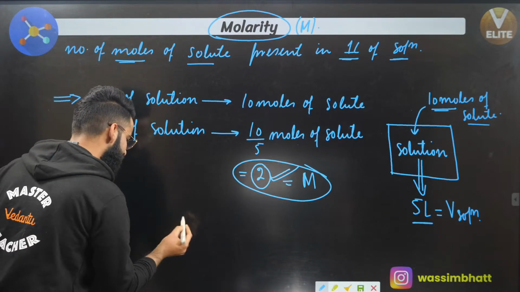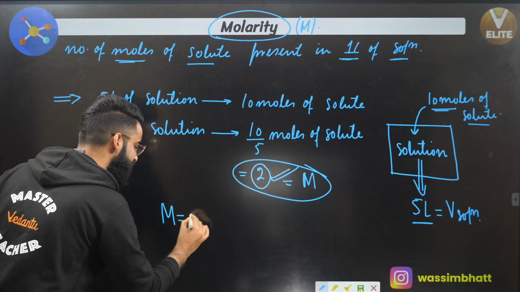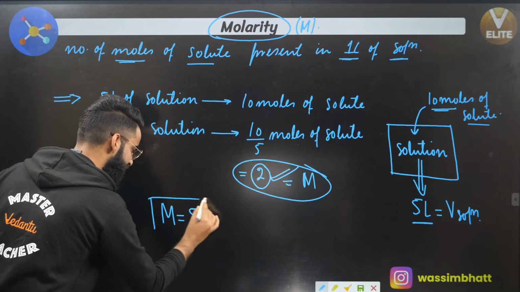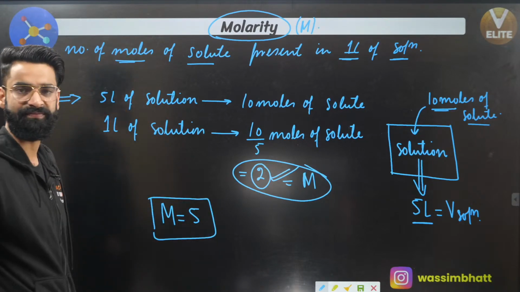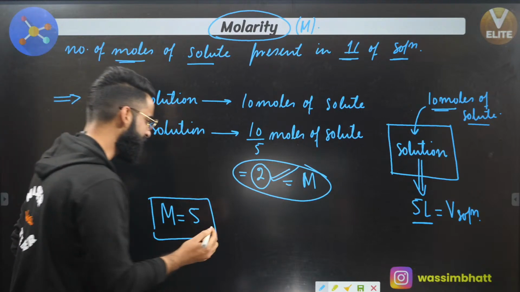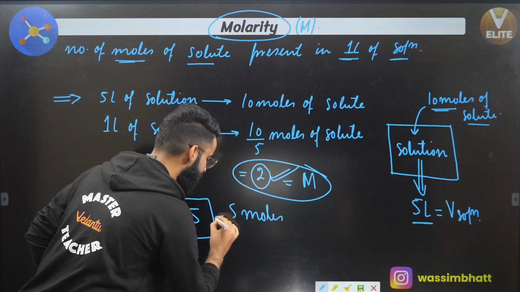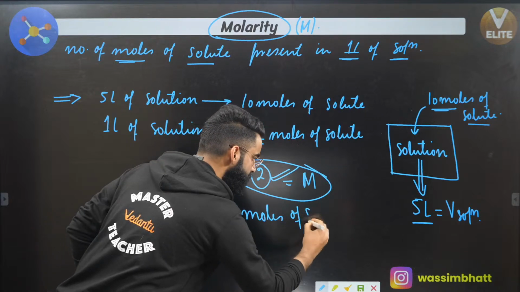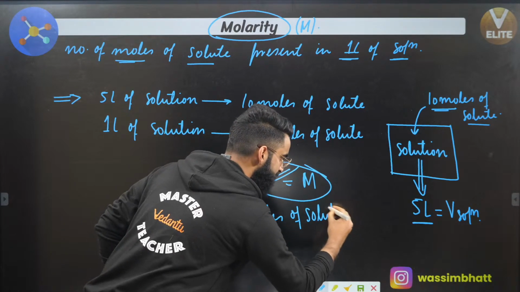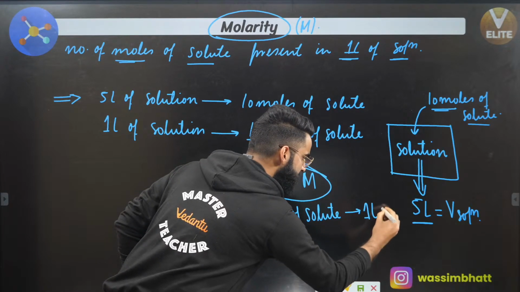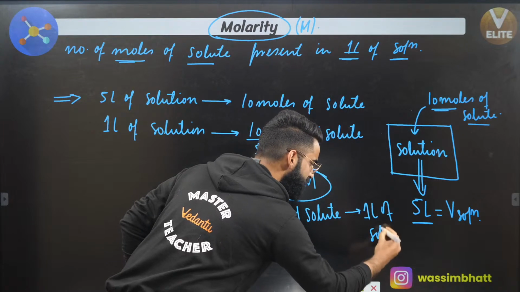Similarly, if I say I've got a solution whose molarity is 5, what does it mean? It simply means 5 moles of solute are present in 1 liter of the solution. Very simple terminology.